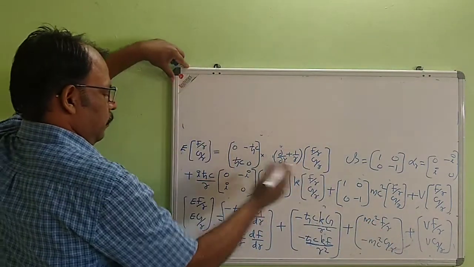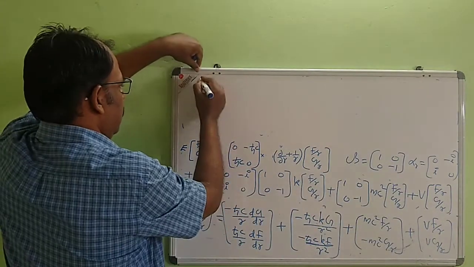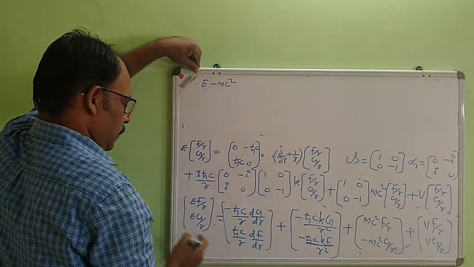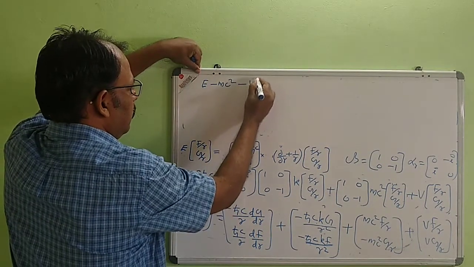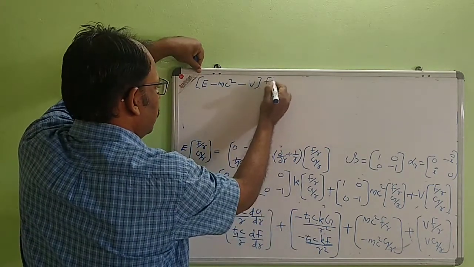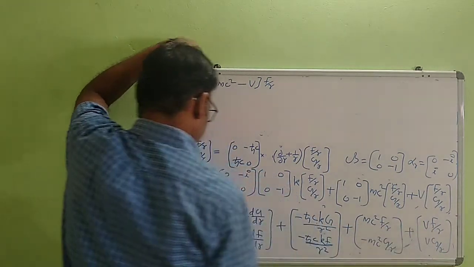Then we will be having E minus mc square minus V into F by R. First element is E minus mc square minus V, F by R.